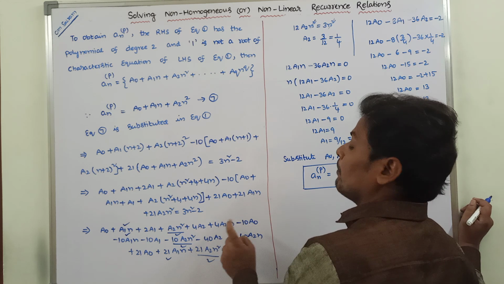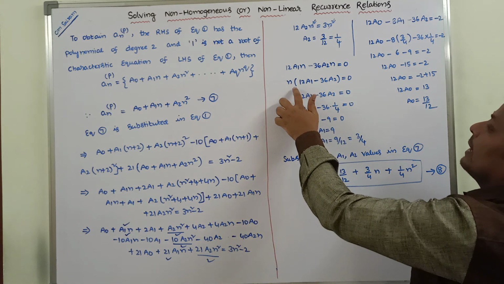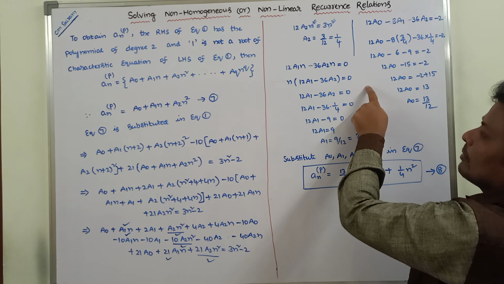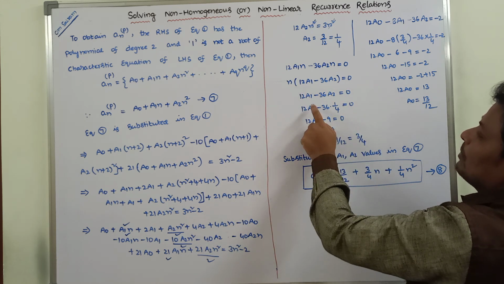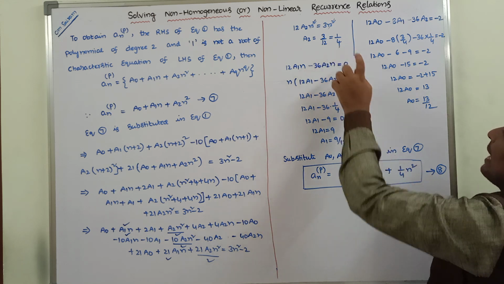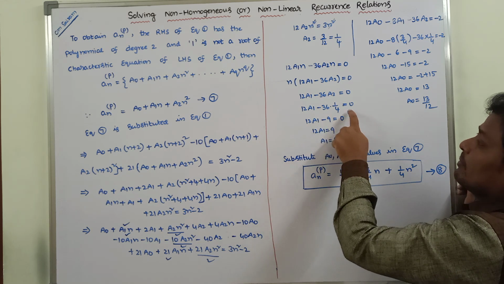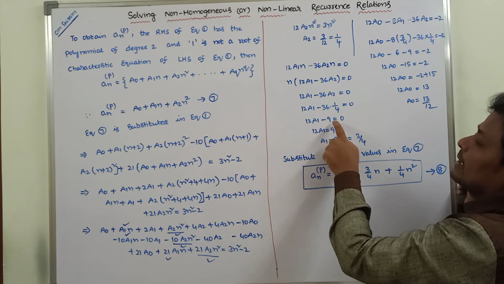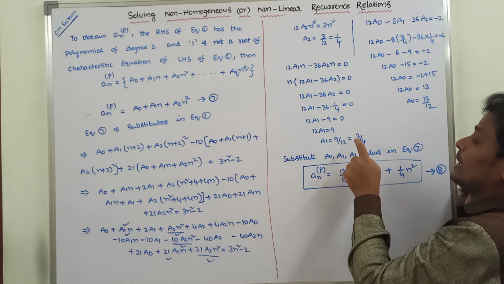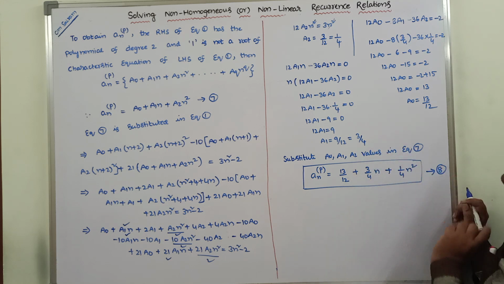So minus 40 plus 4, that is minus 36 a2 n. Here n is common, remaining 12 a1 minus 36 a2 is equal to 0. Here a2 value is 1 by 4 substituted, that is 36 by 4 is 9. 12 a1 minus 9 is equal to 0, 12 a1 is equal to 9, a1 is equal to 9 by 12, that is 3 by 4. So a1 is equal to 3 by 4.